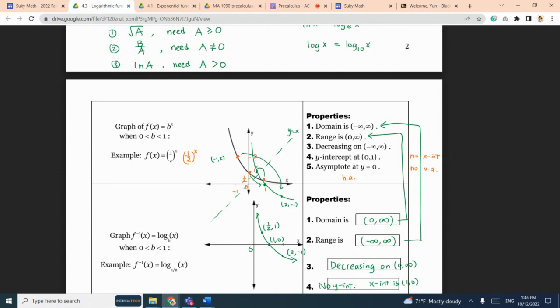And let's look at this point. We flip it over. You see it becomes here. You draw the line perpendicular to the mirror, and you travel the same distance. You get this point. Yes, everybody? And one more point here. So the mirror image is kind of here. And then we connect these 3 points together. We get the graph of the logarithm function where the base is between 0 and 1.